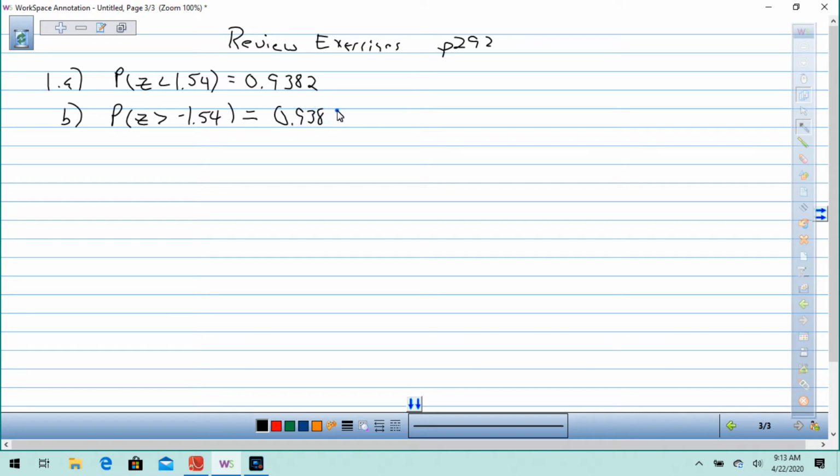I wonder why that happened. Why did we get the same thing? Remember, the standard normal curve is symmetric, right? It is symmetric. Even though Mr. Carbonell can't draw it symmetric, it is symmetric. Okay, and here is 0.